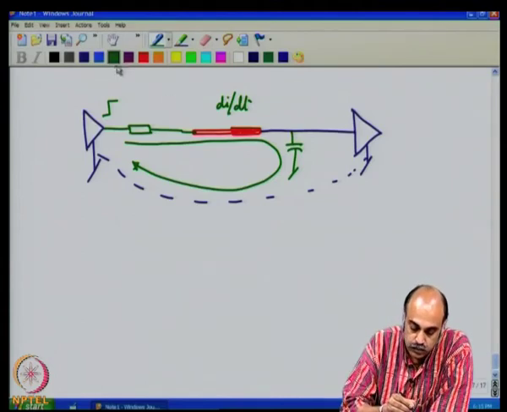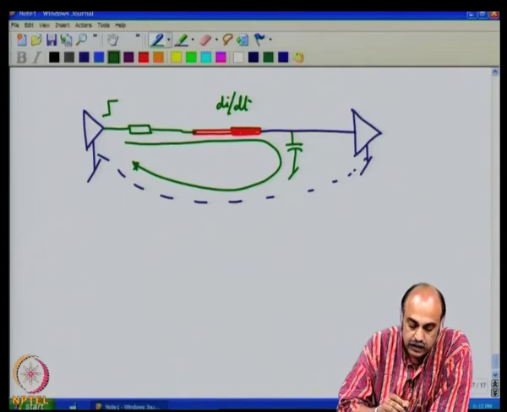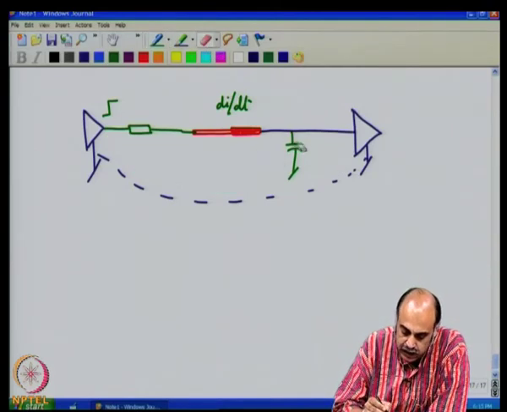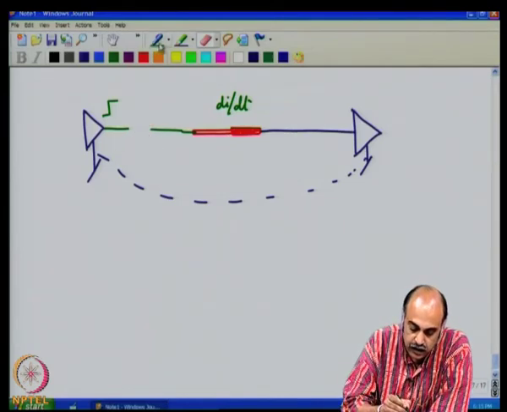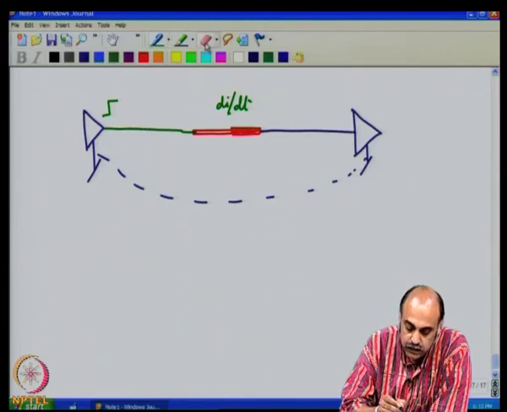So, you have to ensure that you put the capacitor on the source side itself. Okay, so that is one aspect of improving the crosstalk, by reducing dI by dt.